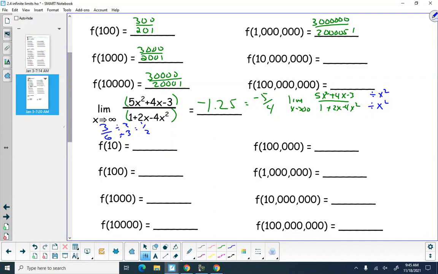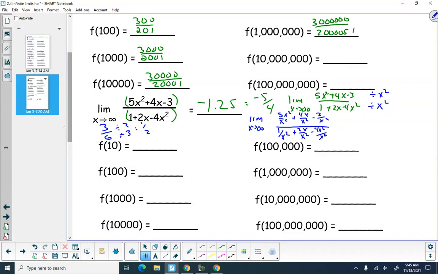So what we're left with is the limit as x approaches infinity of 5x squared over x squared plus 4x over x squared minus 3 over x squared. We divided everything through by x squared on top, and then we divide it through by x squared on the bottom. So we have 1 over x squared plus 2x over x squared minus 4x squared over x squared.